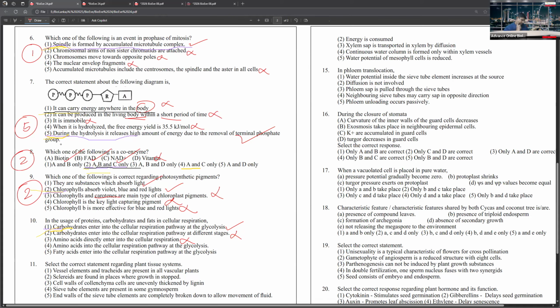Can't they enter the cellular respiration pathway at glycolysis? And then fatty acids enter into the cellular respiration pathway at glycolysis. Wrong, the fatty acids enter as acetyl coenzyme A. So we'll go with the first one. Carbohydrates enter at glycolysis.